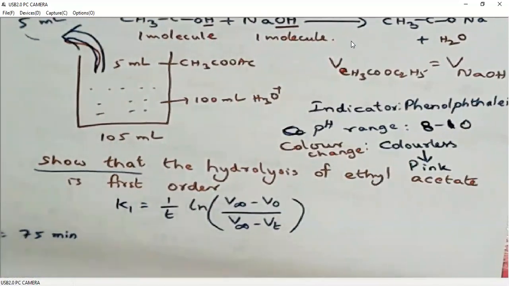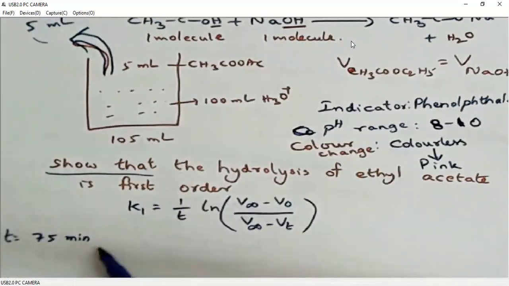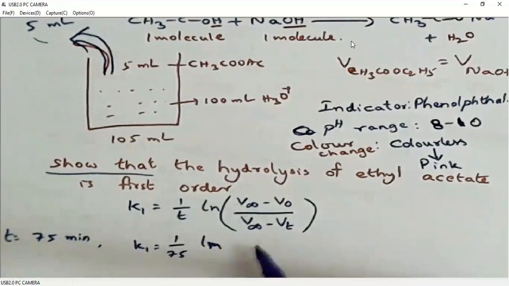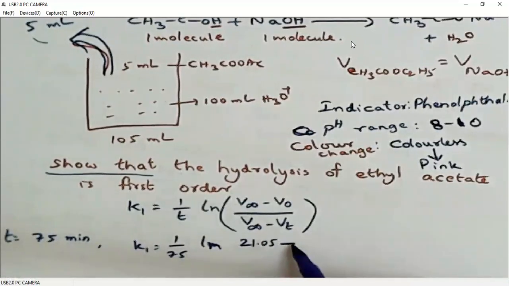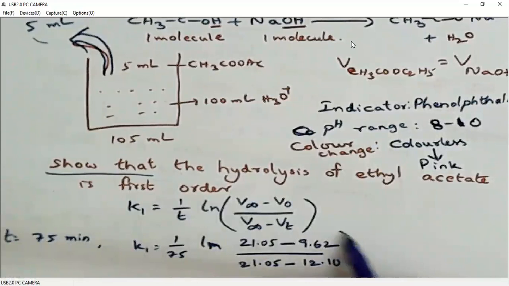T is equal to 75 minutes. Right. So K1 is equal to 1 by 75 minutes ln V infinity is 21.05, V0 is 9.62 by V infinity 21.05 and V75 is 12.10.